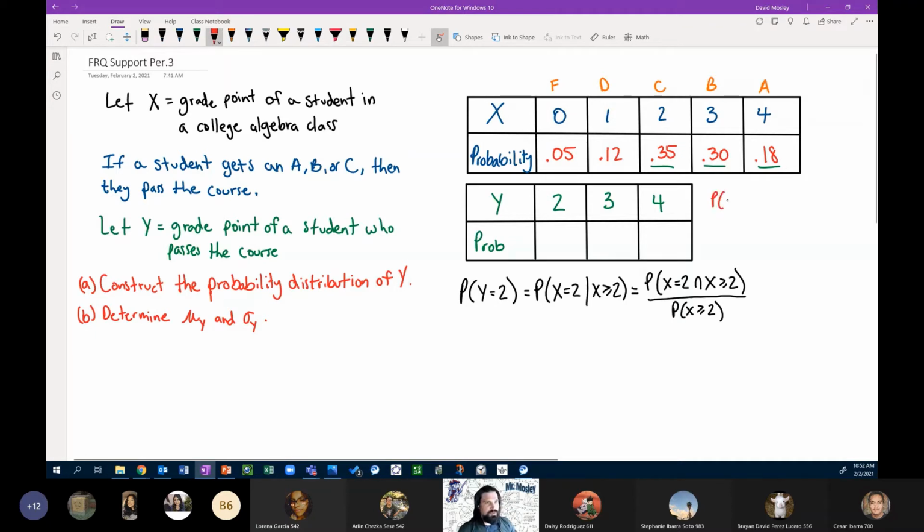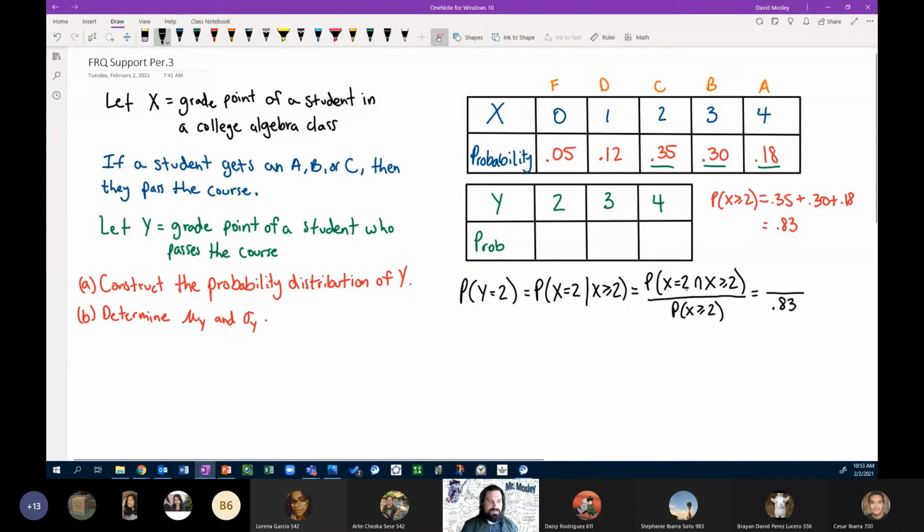We know that the probability of x being greater than or equal to 2 is equal to those three probabilities added up, 0.35 plus 0.30 plus 0.18, and that equals 0.83. Okay, so that's going to be our denominator, right? So this is 0.83.